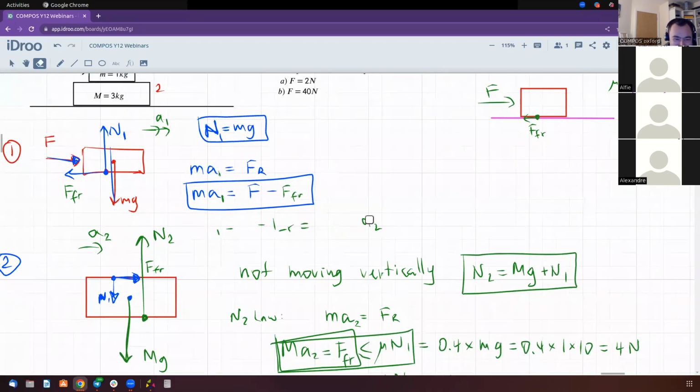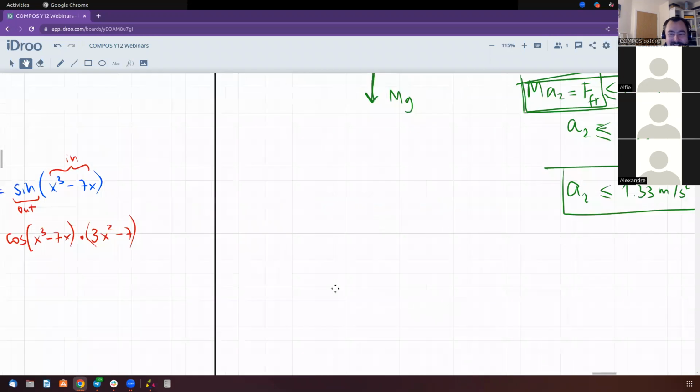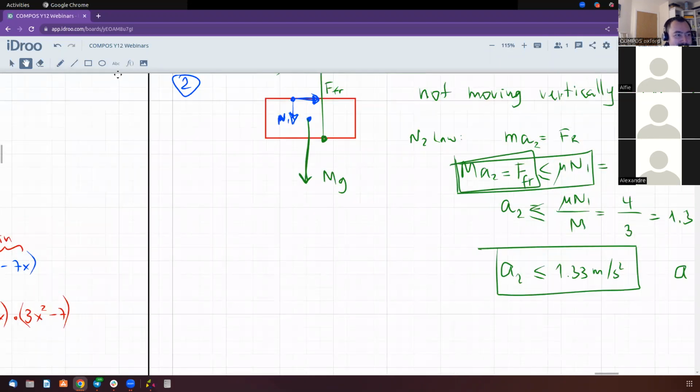I don't want to make it even more complicated. Let's write down some words. So friction can only be up to 4 newtons.